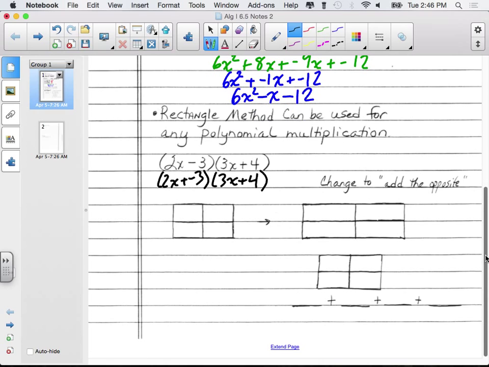Alright, so how we go about organizing our rectangle is that either on the left side or on top of it, we put the terms of one of our binomials. So let's just start with up top. Which binomial do you guys want to put up top? Alright, so how we do this is the first term, our 2x, goes right over the first column.